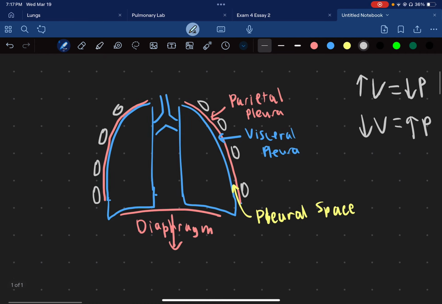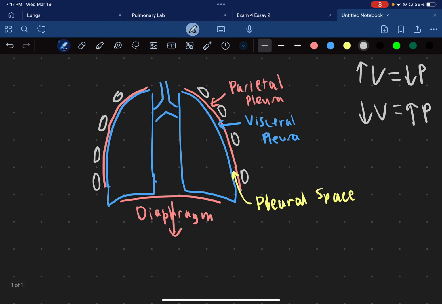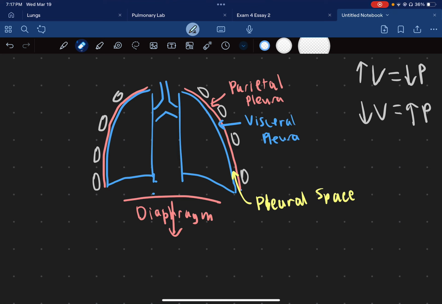Now, when the diaphragm rests and it pushes upwards, our lungs will go back to how they were before. Their volume will decrease.